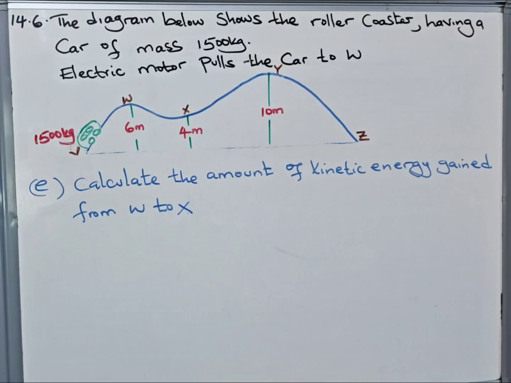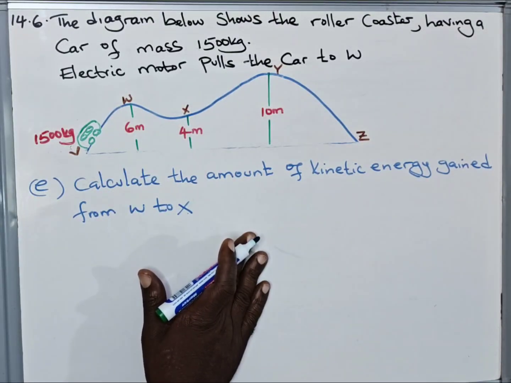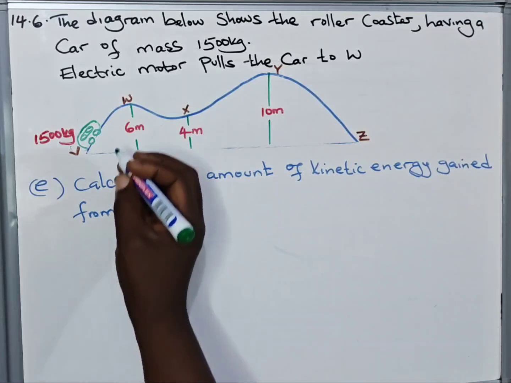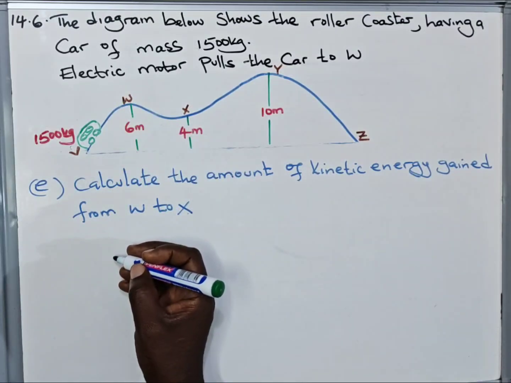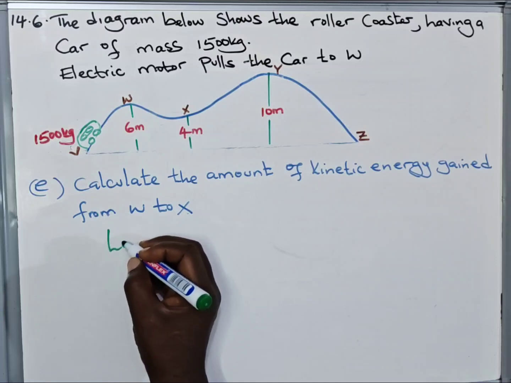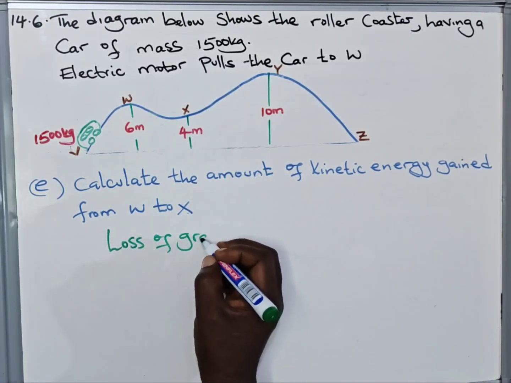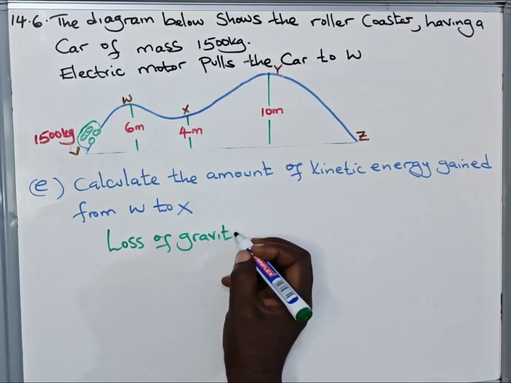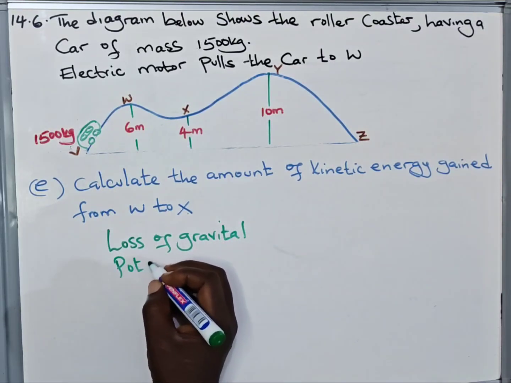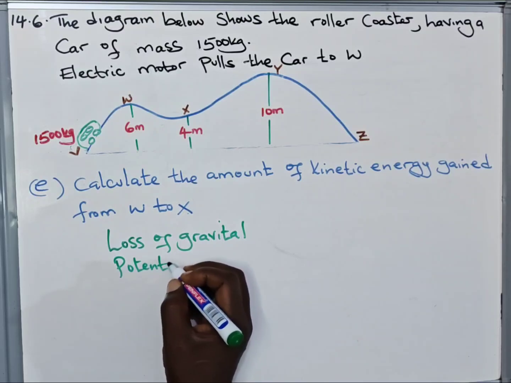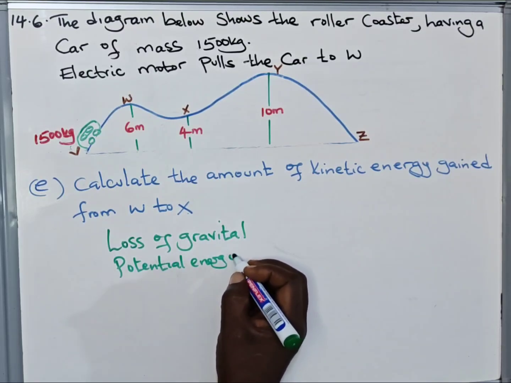To perform this calculation, we have to know that according to the principle of conservation of mechanical energy, when the object is moving from W to X, there is loss of gravitational potential energy.